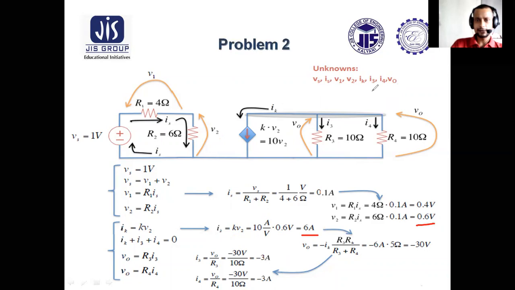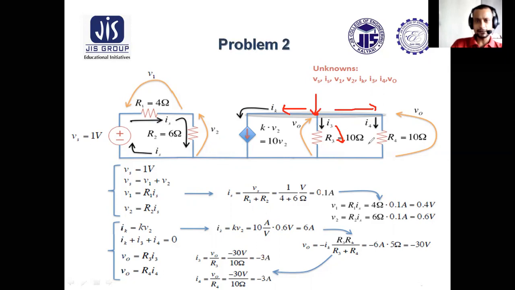Next we'll find I3, I4 and V0. So how to find I3, I4 and V0? See, if we apply KCL at this node, IK is leaving, I3 leaving, I4 is also leaving. So applying KCL at this node, what can we write?